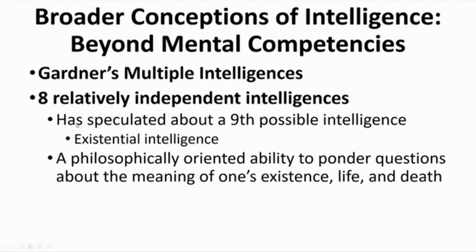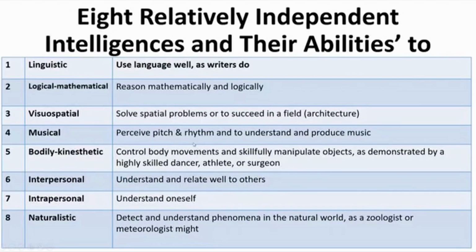But let's look at the 8 independent intelligences that make up the core of Gardner's theory. And so these are going to be listed here. We have linguistic intelligence, logical-mathematical intelligence, visuospatial, musical, bodily/kinesthetic intelligence, interpersonal, intrapersonal, and naturalistic.